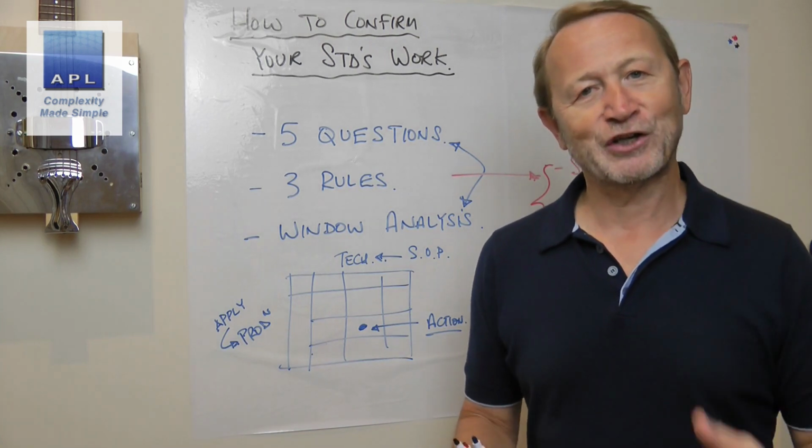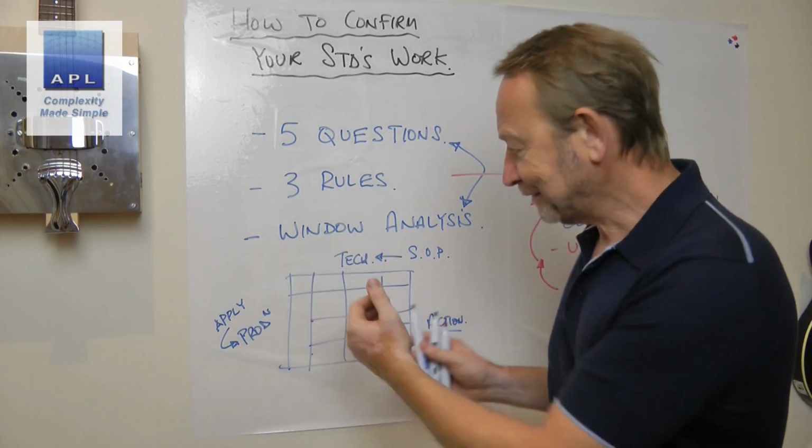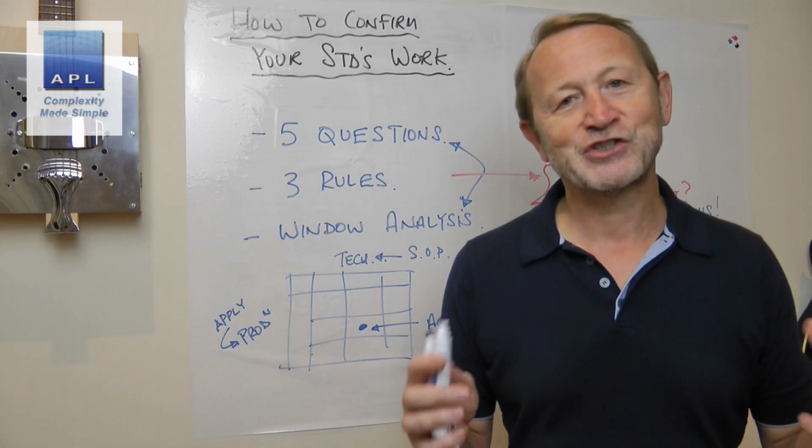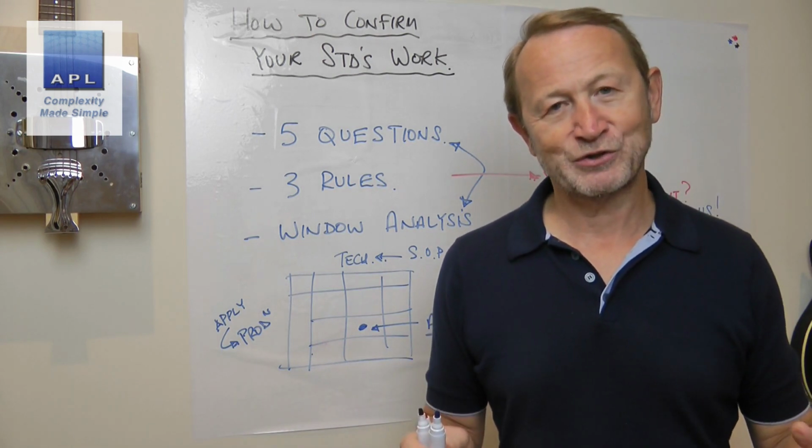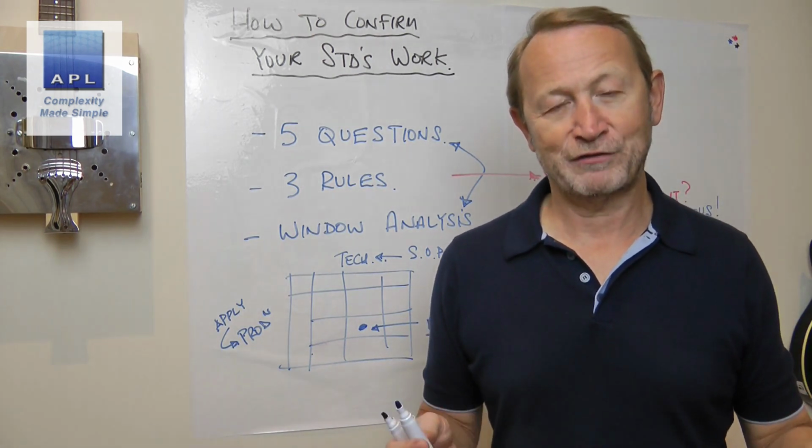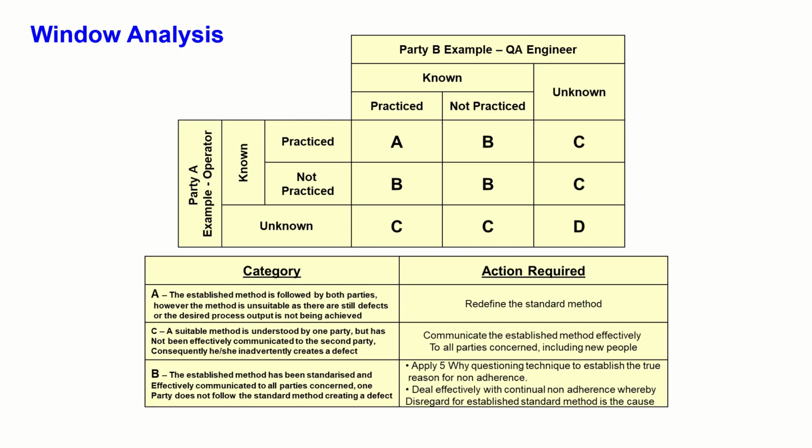So let's take a look at the little matrix, and let's have a look at the individual windows through which you could travel. So here we are. Look, the top table here is the window that we're interested in, and you can see that we've got different categories: category A, category B, category C, category D. We've got the 2 parties.